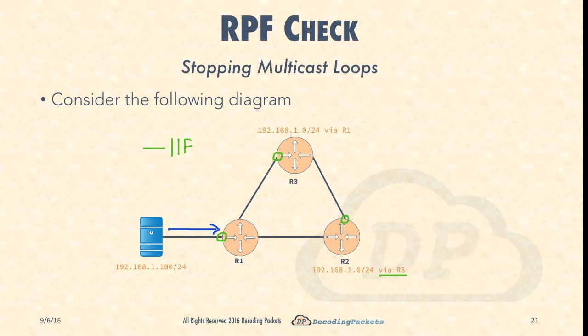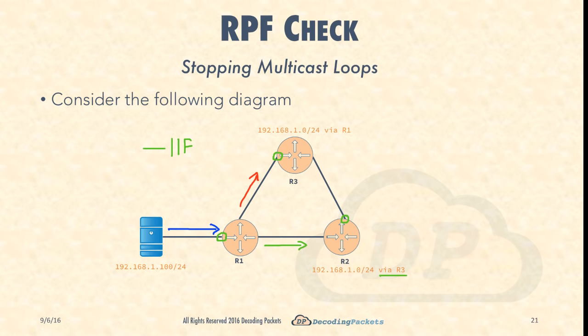Now this packet, the blue packet from 192.168.1.100, has been received on the IIF. There is a green marker there. So R1 will create multiple copies of this, forward one to R2, forward another one to R3. So let's say the green copy was forwarded to R2 and the red copy was forwarded to R3.